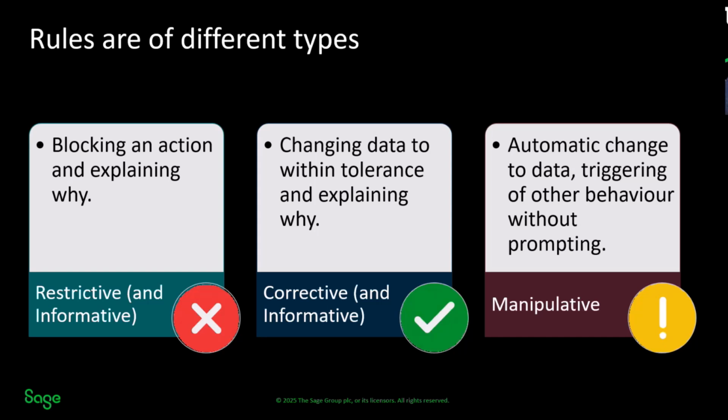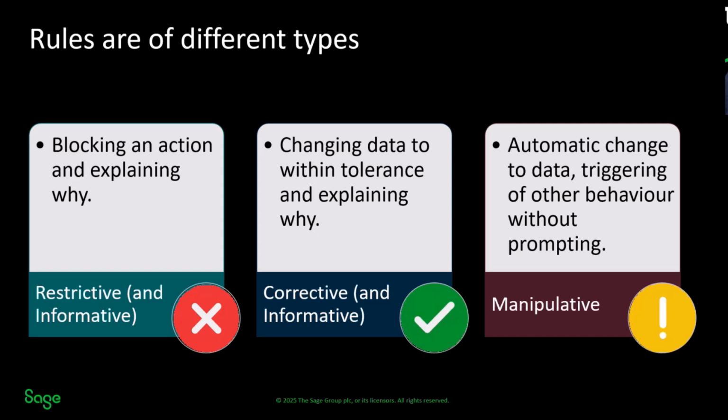So a restrictive rule is one that will stop you carrying out a particular action. It will only allow you to choose data that is within tolerance. And it is very often informative, so it will tell you why you're not allowed to do something.